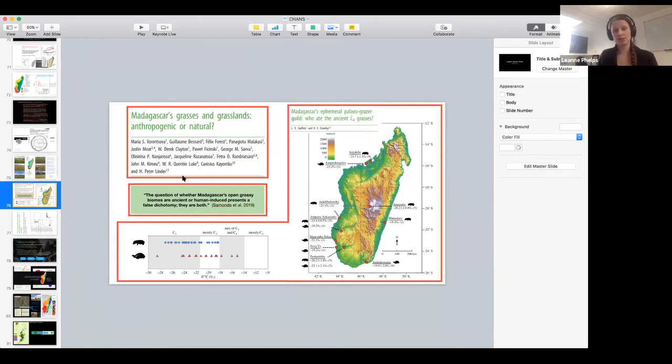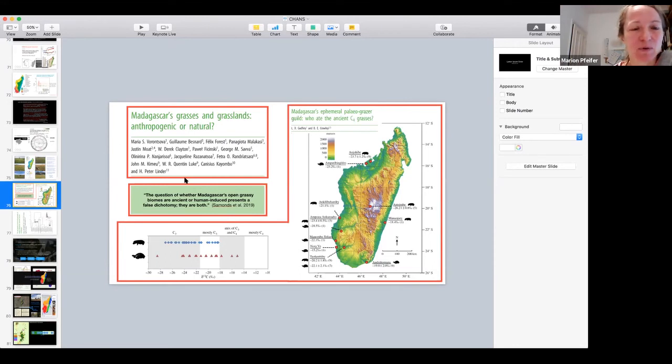If we take isotopic information from their bones, it can tell us what they were eating, and this can give us some clues as to what the past vegetation was actually like. Does that answer your question? I don't know. Okay, I got it answered.